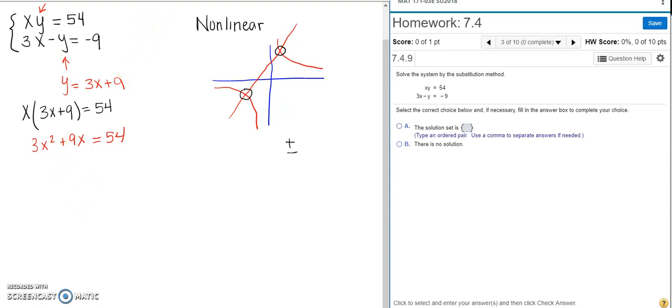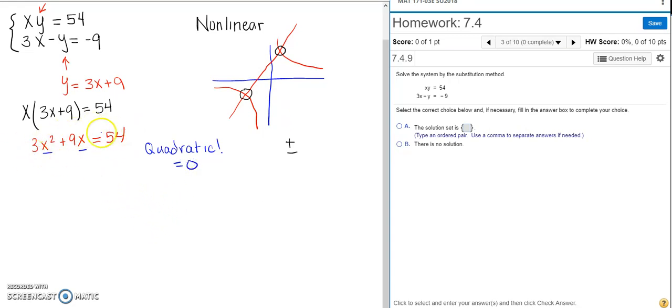Okay, now anytime you see that you have an x squared and an x, that should tell you this is a quadratic, as long as you don't have anything higher than x squared. Every time you solve quadratics, regardless of which method you use, you need it equal to 0 every time.